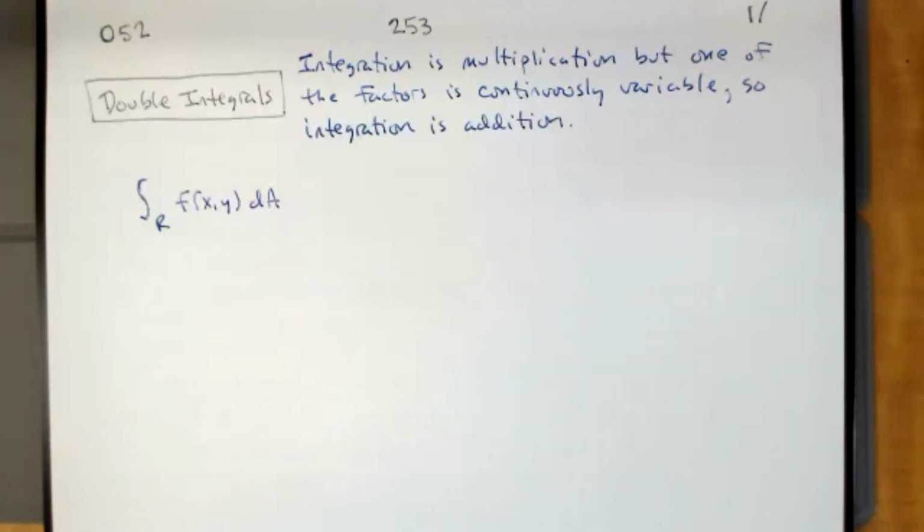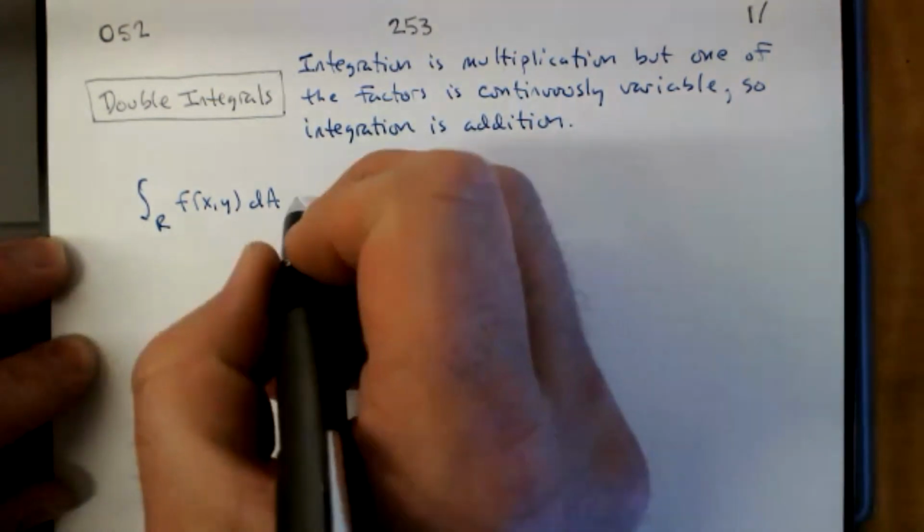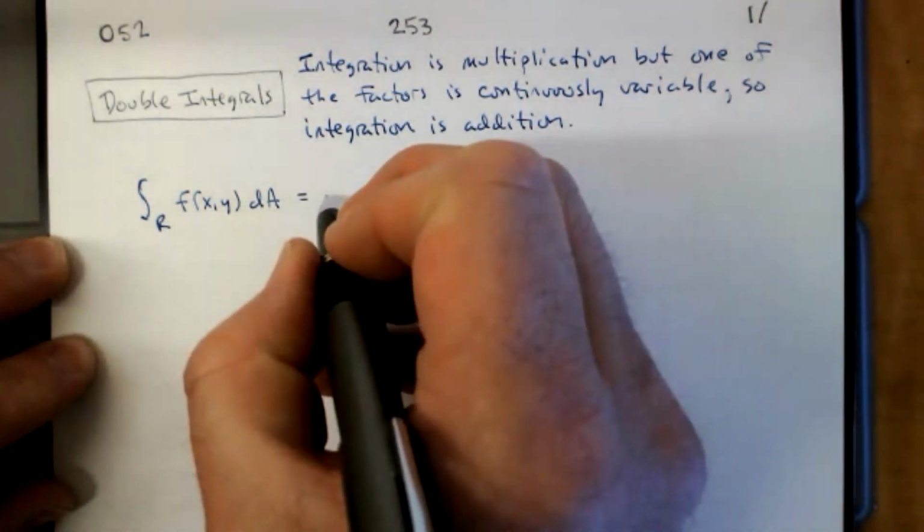Just like we thought of our definite integrals as the area under a curve and above an interval, we're going to think of this as the volume under the surface f of xy and above the region R in the xy plane.